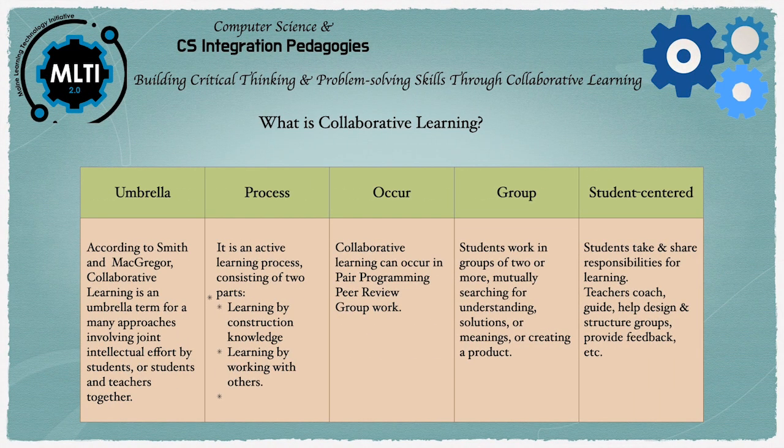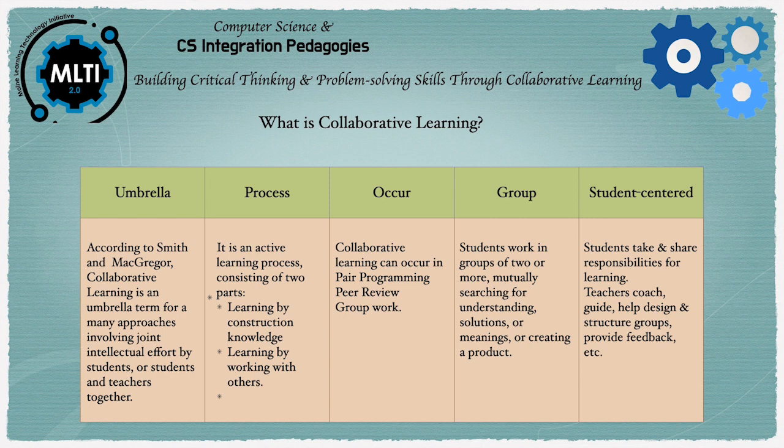What is collaborative learning? According to Barbara Smith and Jane McGregor, collaborative learning is an umbrella term for a variety of educational approaches involving joint intellectual effort by students or students and teachers together.